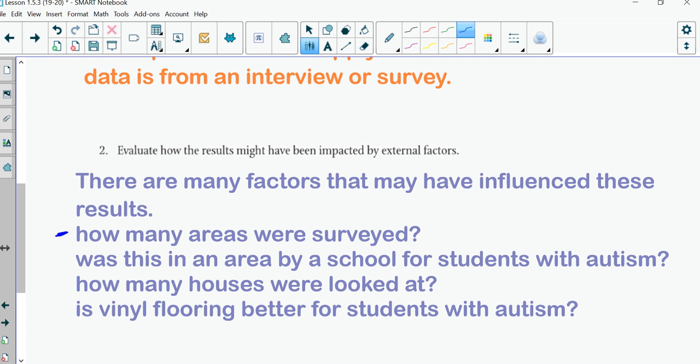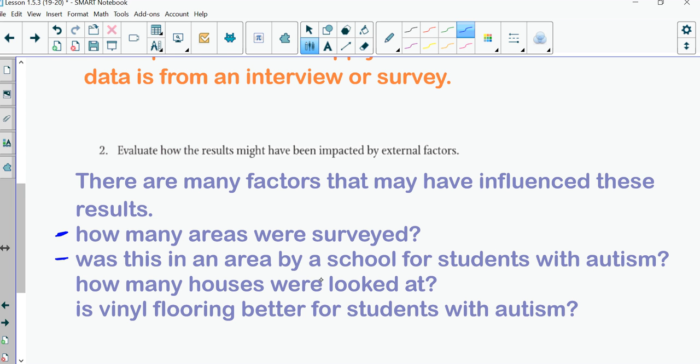Is it one little pocket of a city? Was this an area by a school for students with autism? Obviously, if this was right by a school specifically for kids with autism, then you're targeting that demographic, so it would be higher.